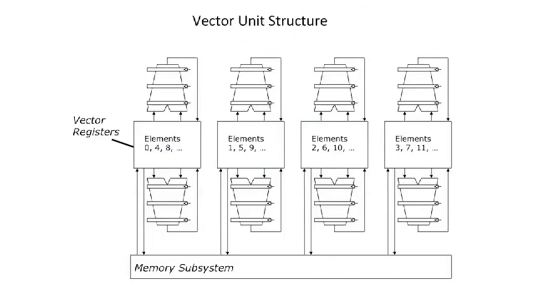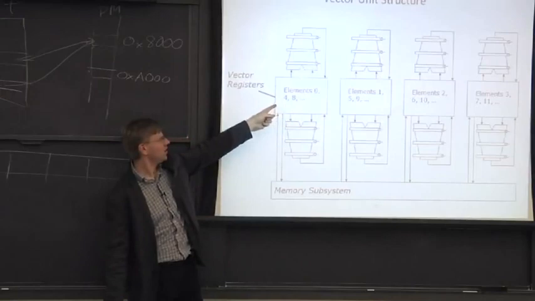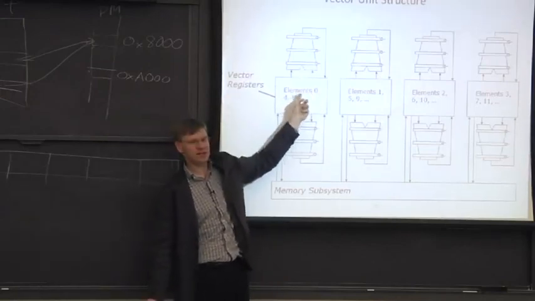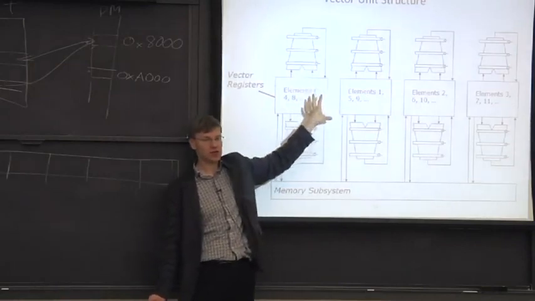This is a picture here showing an architecture which has 4 lanes. And one of the things I wanted to just point out here is you can actually partition your register file from an architectural perspective, from a hardware perspective. You don't need to have one monolithic register file because you know that you will only ever access, let's say, element 0, 4, 8, of your vector registers.